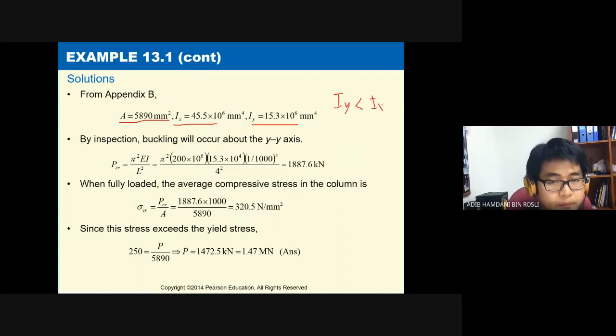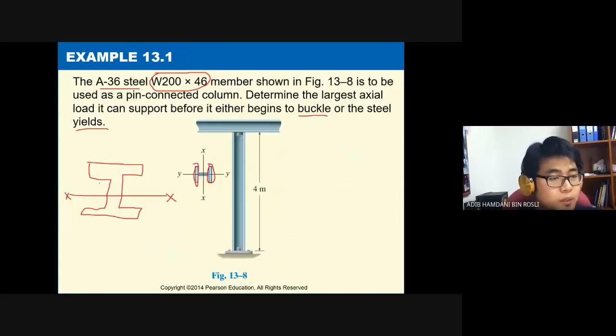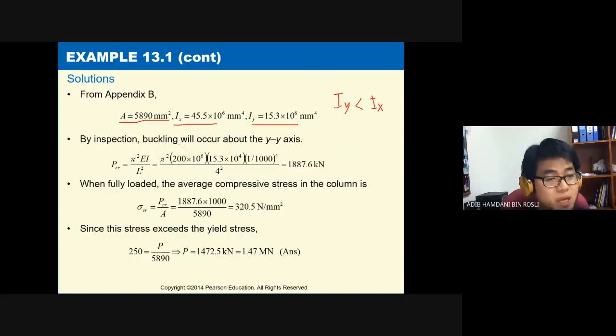What does that mean? It means that about this y-axis, the beam is weaker than about the x-axis. That's why it has lower I. So we will check the weaker axis.